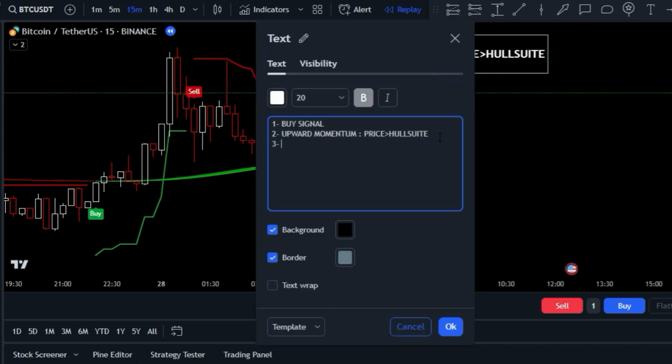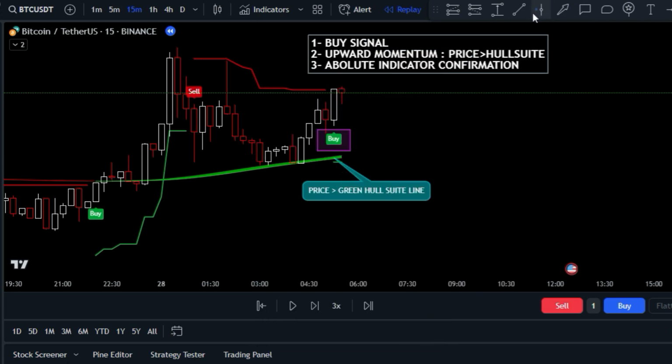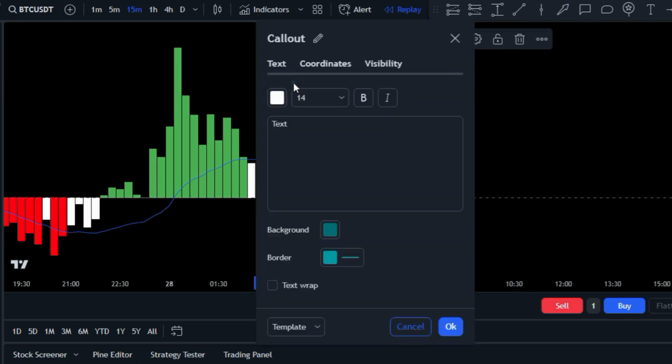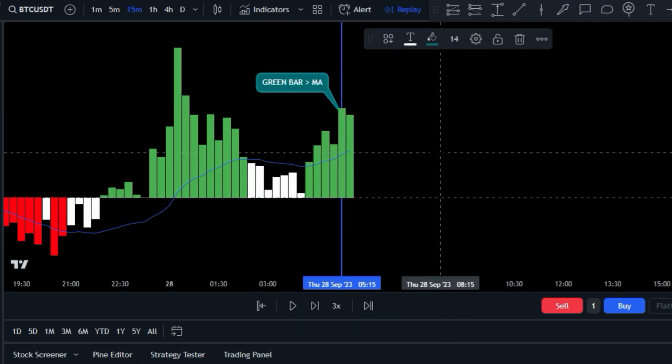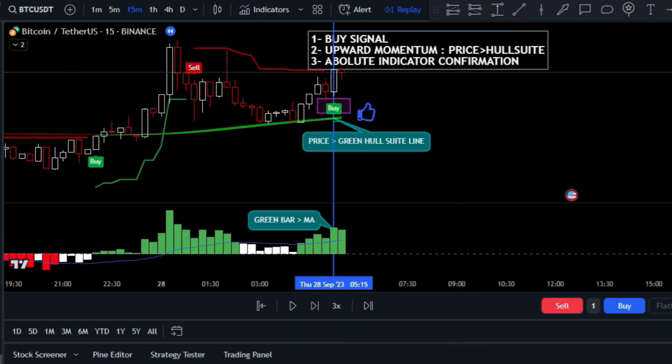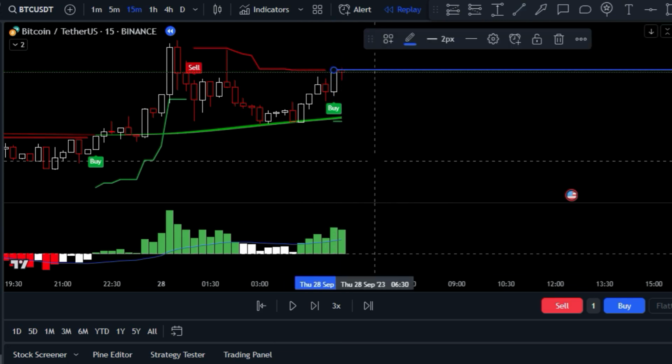Finally, step 3. The ABSSIO indicator needs to confirm the signal. So once all these conditions align, it's time to go long.